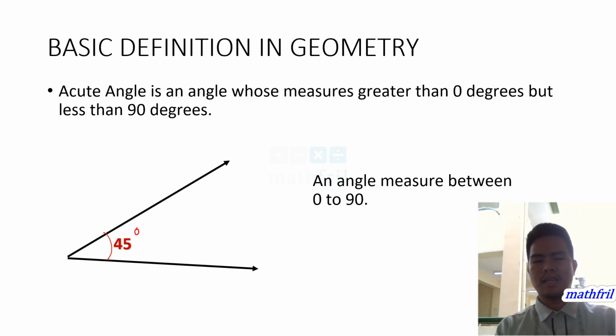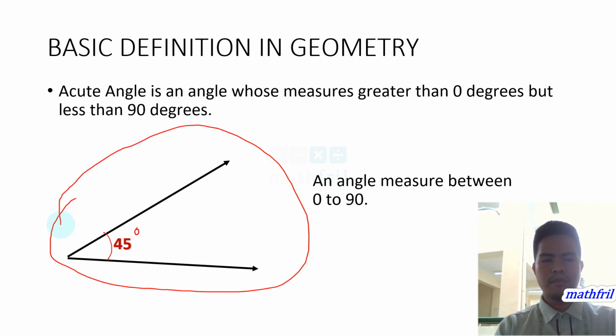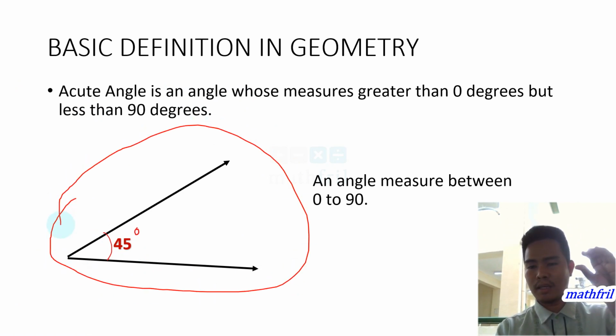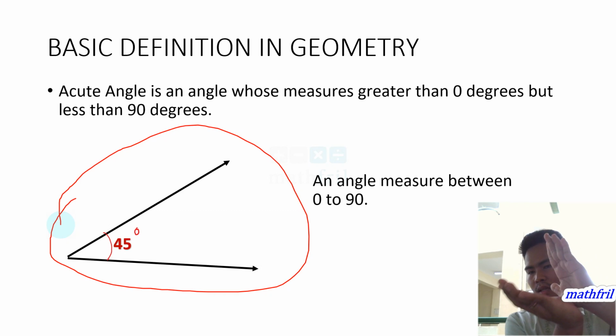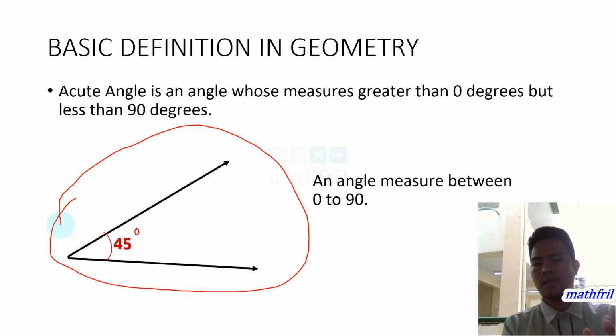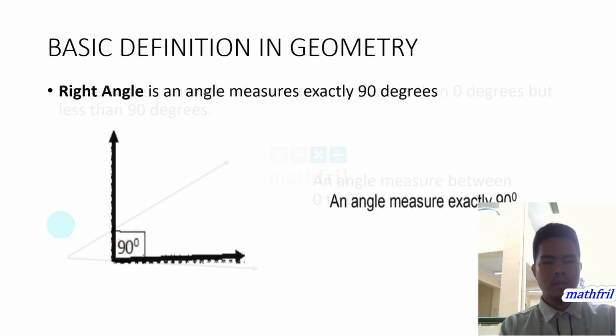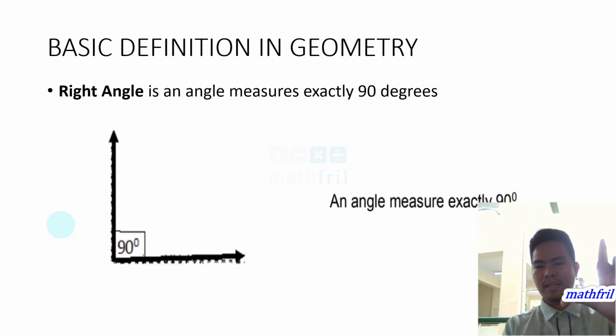Acute angle is an angle between 0 and 90. Basically, this is the concept of acute angles. Again, we are just talking about angles. So what is an angle? An opening. So an acute angle is an angle that is smaller than 90 but larger than 0. A right angle is exactly 90.